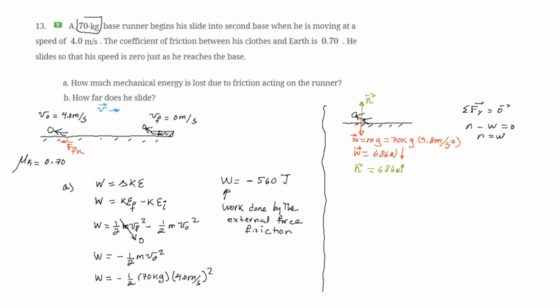Now, once you know the normal force, you can calculate the kinetic friction force, because the kinetic friction force is mu sub k, the coefficient of kinetic friction, times the normal force. So the kinetic friction force is mu sub k, 0.70, times the normal force, that is 686 newtons.